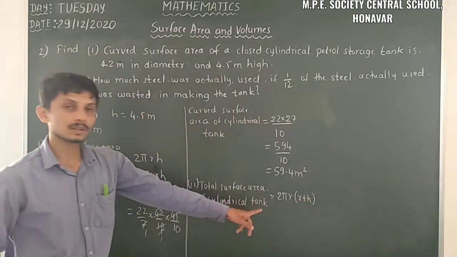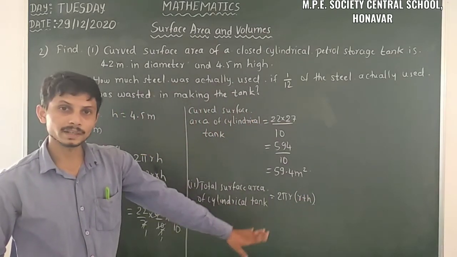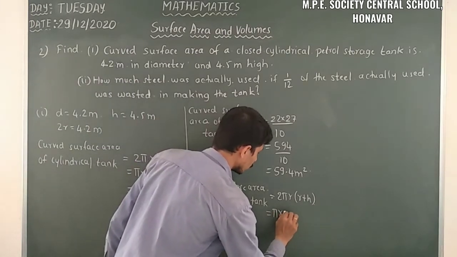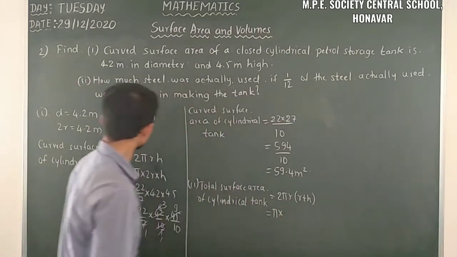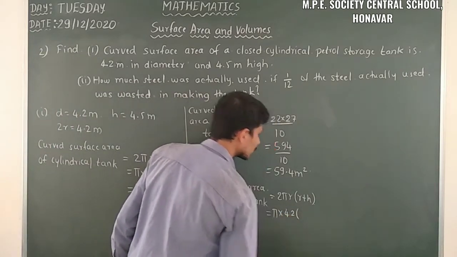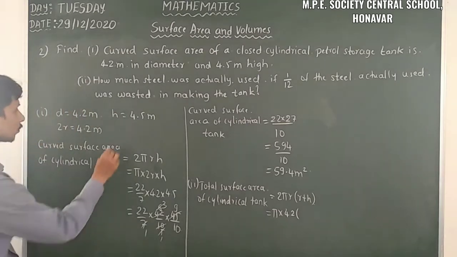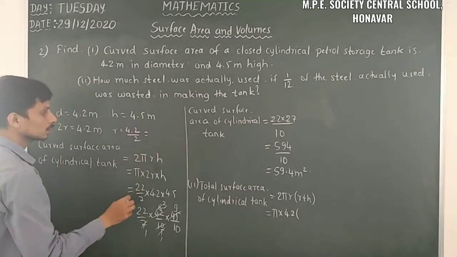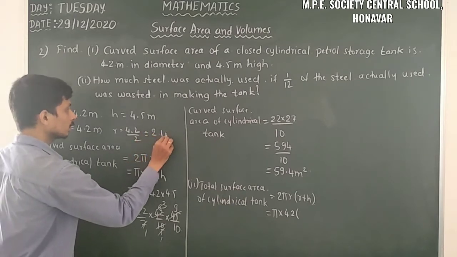Here there is a need for the radius. Pi into 2r: what is the value of 2r? It is 4.2, so r is 4.2 divided by 2, which is 2.1 meter.